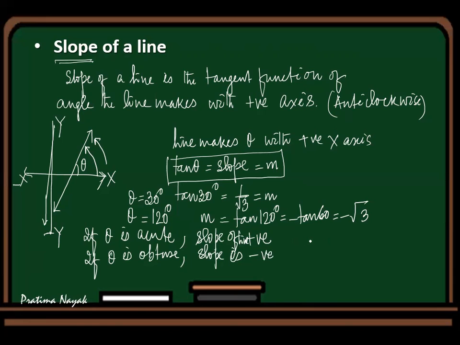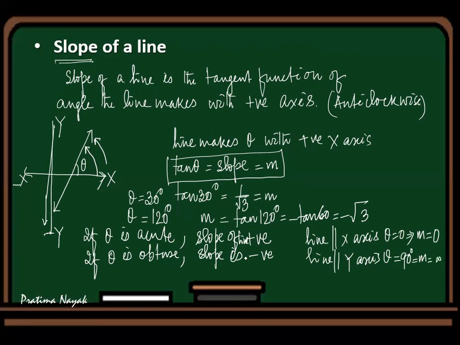And any line parallel to x-axis, that time what happens? Theta is 0. When theta is 0, m is also 0. And when the line is parallel to y-axis, that time theta is 90 degree or m is equal to undefined. So this is your about slope of the line.